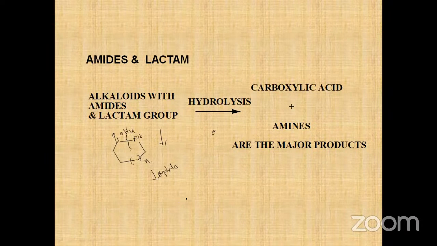Now, the product is only one compound, that is an amino acid. The amino acid will be generated. That is the difference between the lactam and a simple amide, right?